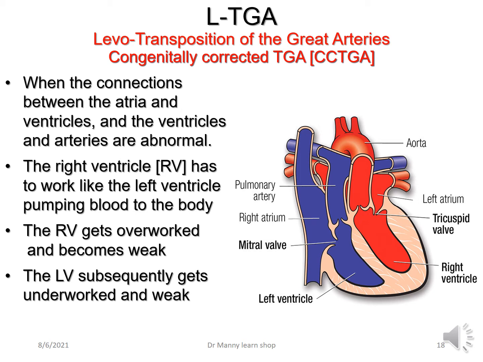So in this situation, the right ventricle gets really overworked because it wasn't designed to do the work of systemic pumping. And the left ventricle subsequently gets underworked and weaker because it wasn't meant to be pumping blood just through the pulmonary circulation. The right ventricle will eventually fail and the left ventricle will become physically challenged, especially if corrective interventions are taken.